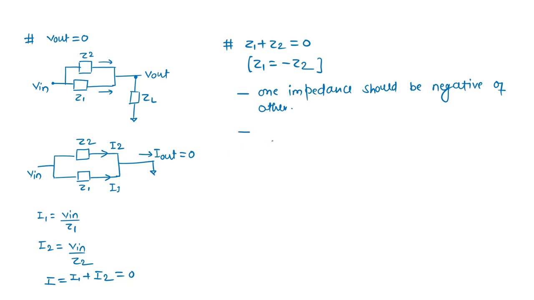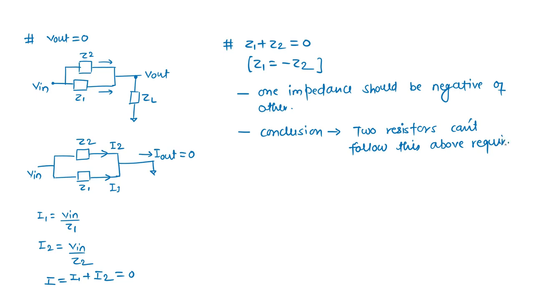So what we can conclude from here, the conclusion is two resistors can't follow this above requirement, because we know that two resistances cannot be like this. Resistances are some positive quantities, so we cannot say one resistor is the negative of other.